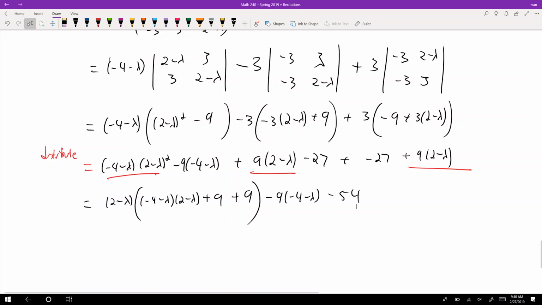Okay, so now what do we do? We FOIL everything on the inside. So this is 2 minus lambda. This becomes lambda squared plus 2 lambda minus 8 plus 18. All right, and out here this becomes plus 36 plus 9 lambda minus 54.